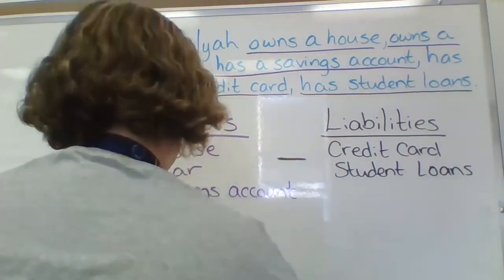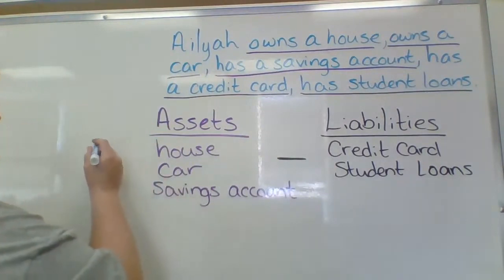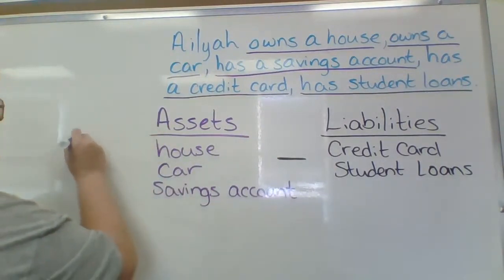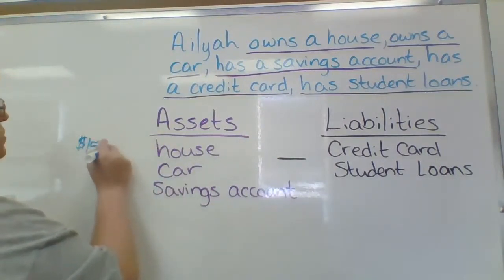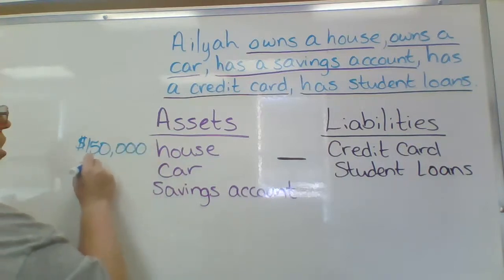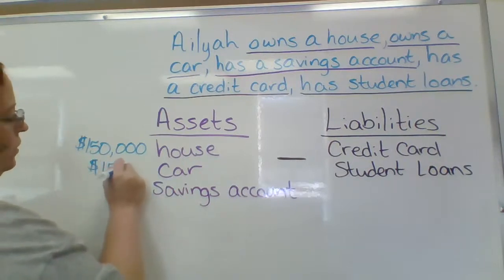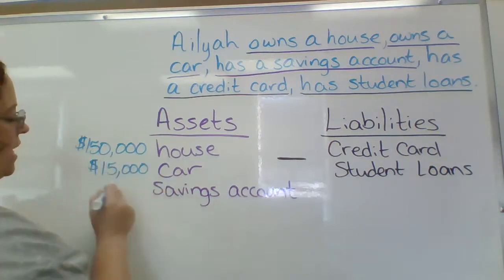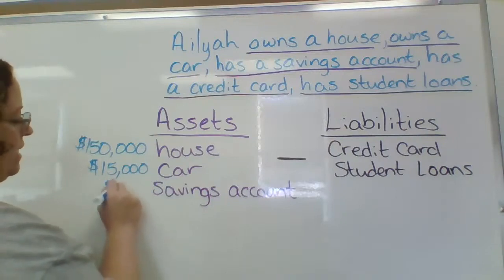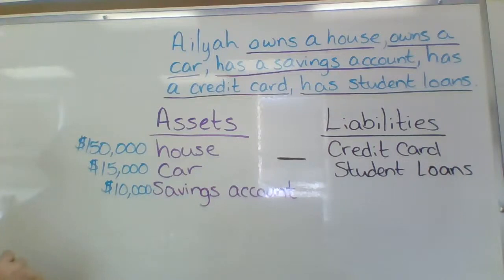So let's say that her house is worth, I don't know, $150,000. Okay? Let's say her car is worth $15,000. And let's say her savings account is $10,000. All right? So those are her values here.